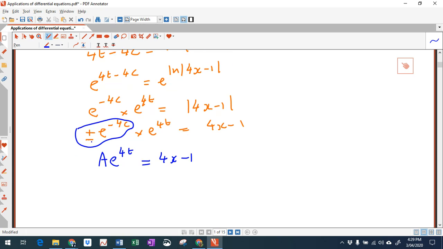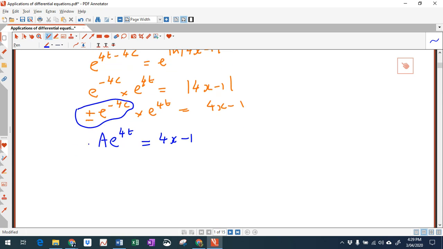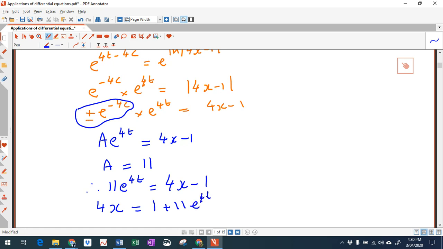So if we come back to the initial conditions, I'll put in t equals 0. You're going to just get a then. And x equals 3, so a equals 11. So therefore we can say 11 e to the 4t is equal to 4x minus 1. And that's going to give you 4x is equal to 1 plus 11 e to the 4t.